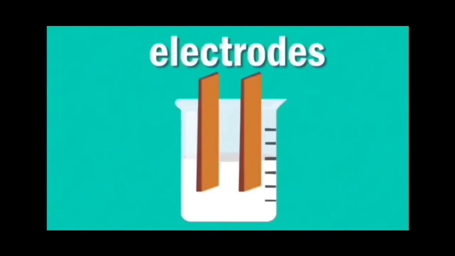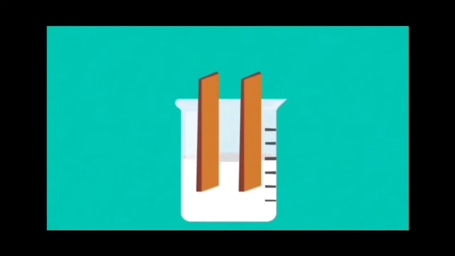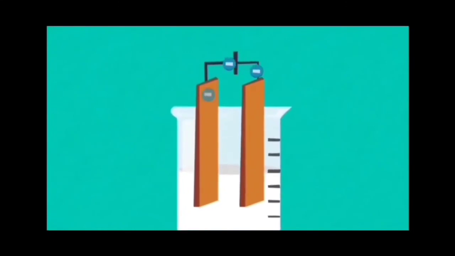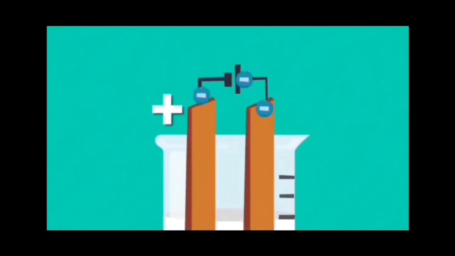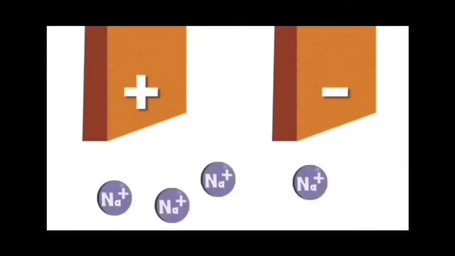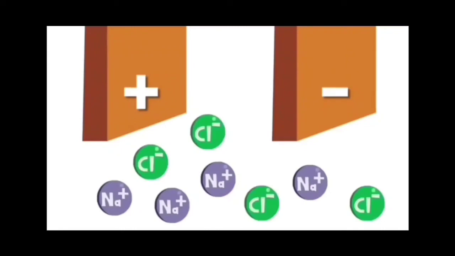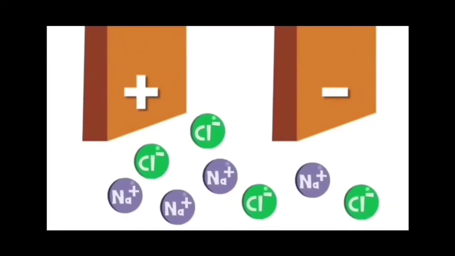So if in an electrolytic cell two electrodes are added, which could be metal plates, and it is connected to a battery, then the flow of electrons starts from the positive terminal towards the negative terminal. Inside the solution, the compound separates into anions and cations. The cations are attracted to the cathode, which is the negative terminal.